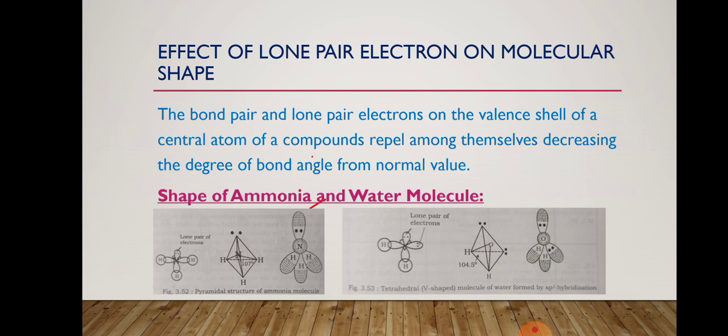For example, I will explain why distortion occurs in ammonia and water molecules. Look at the figure, please. Here you see the structure of the ammonia molecule.